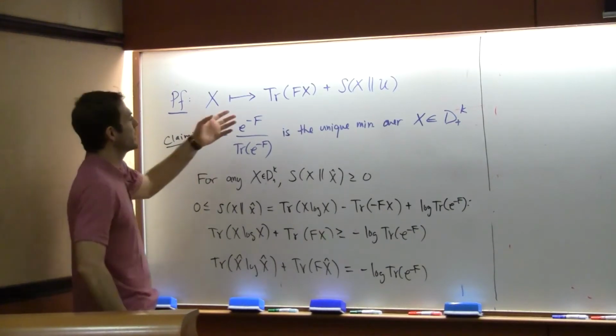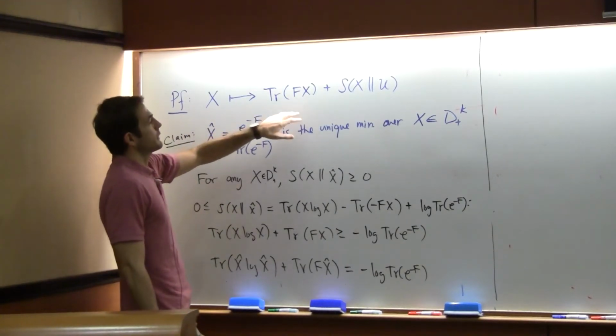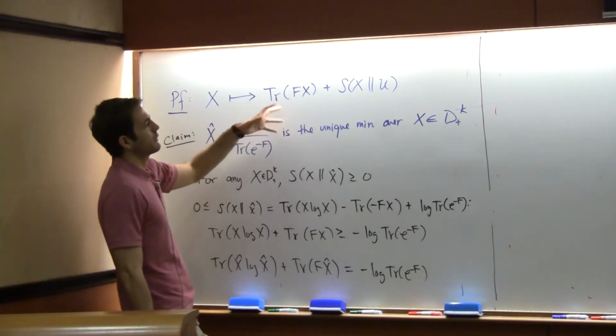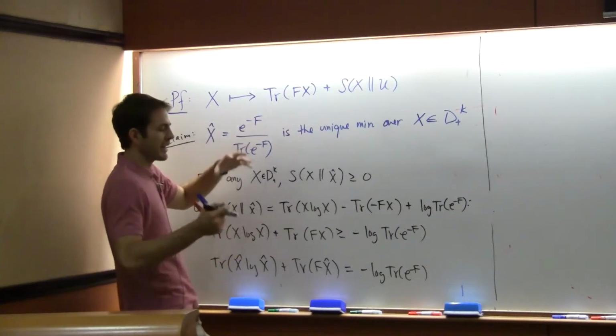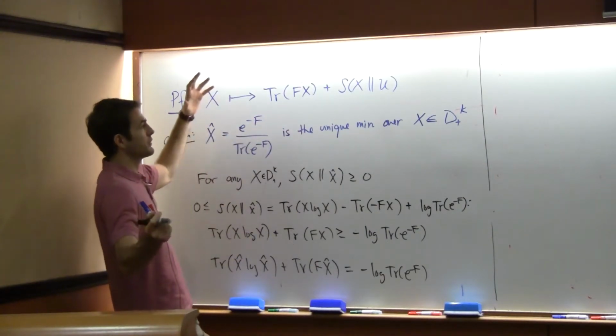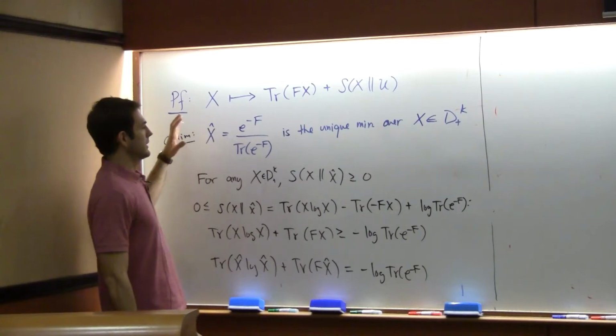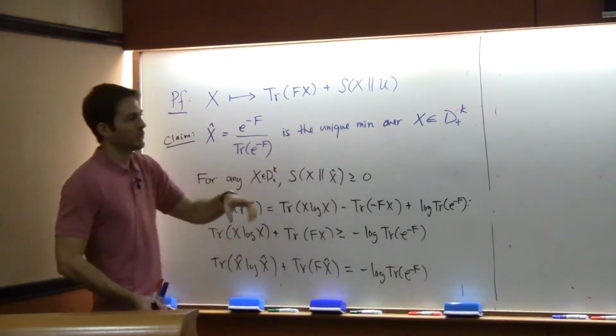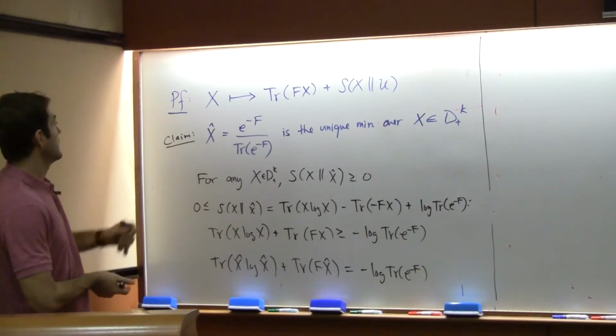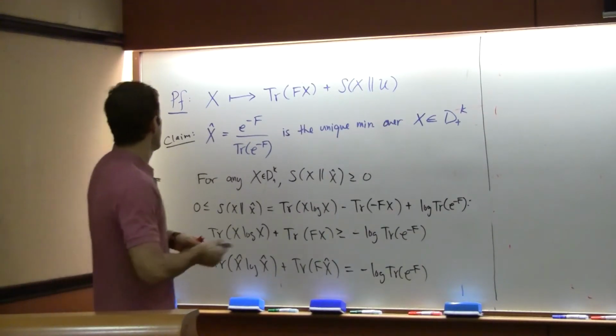You can think about it in a different way: you're subject to some performance on the test, and you're trying to maximize the entropy of your density. Maximize, not the relative entropy, but the von Neumann entropy. So the point is, you want to do well on the test, and this term is encouraging the simplicity that we're searching for in the lab. Okay, so this is the unique minimizer.